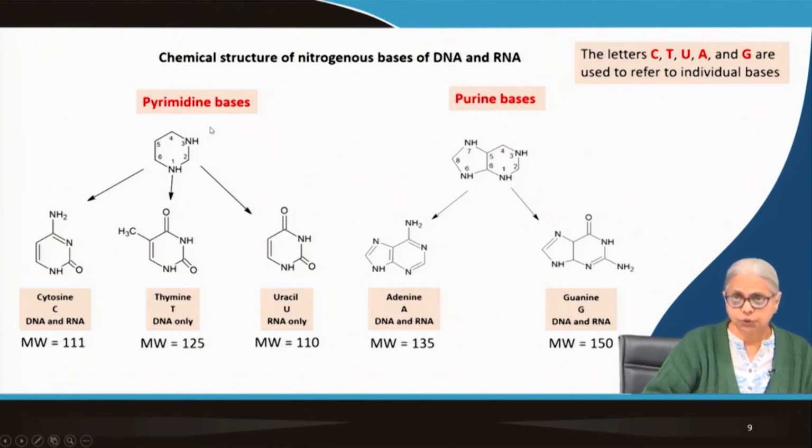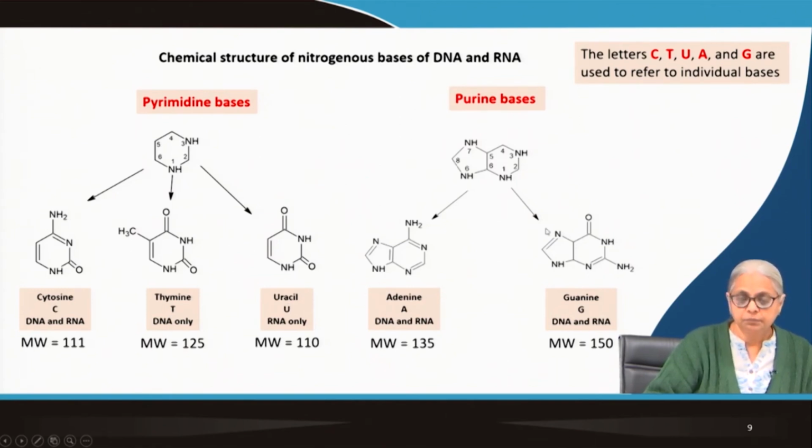We have two categories of bases, pyrimidine and purine. You have cytosine, thymine and uracil. Cytosine is found in DNA as well as RNA. It's shown by the single letter C. Thymine is shown by the letter T. It's found only in DNA. Uracil is found only in RNA.